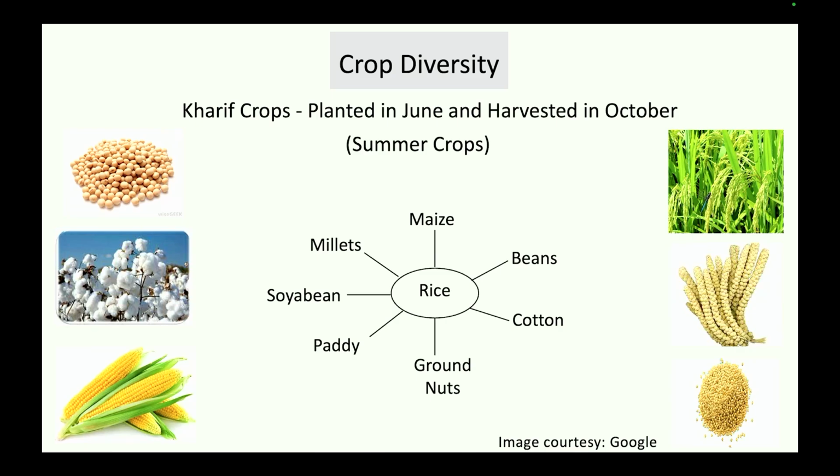The Kharif crop is planted in June and harvested in October, so they are basically summer crops, and the categories are rice, maize, beans, cotton, groundnuts, paddy, soybean, and millets. The Harappans knew about all these crop diversity activities, and they cultivated these things together.